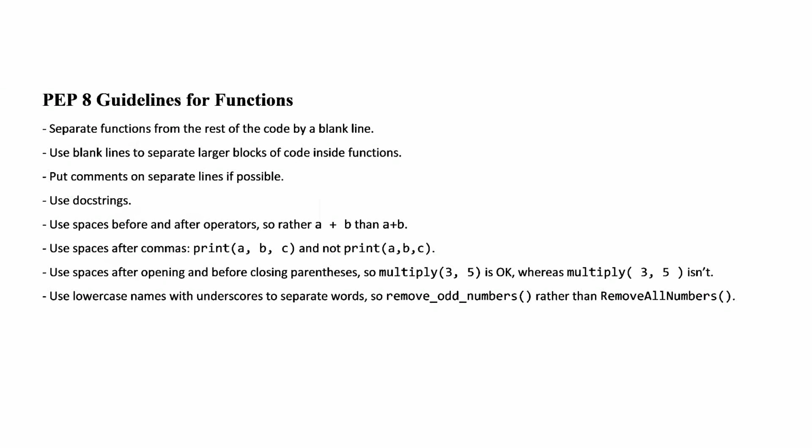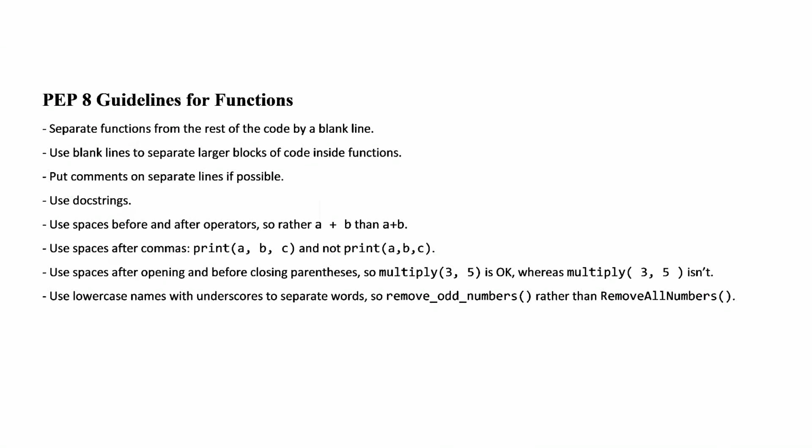We should use spaces before and after operators, so rather A space plus space B than A plus B. We should also use spaces after commas. So print A, comma, space, B, comma, space, C, and not print A, B, C. We shouldn't use spaces after opening and before closing parentheses, brackets, or braces.